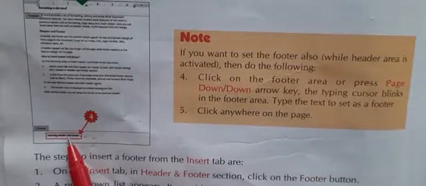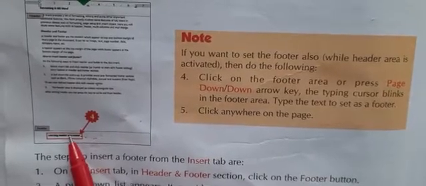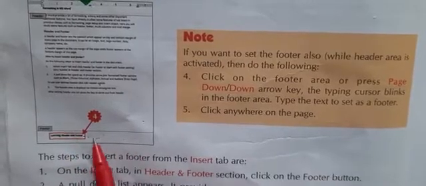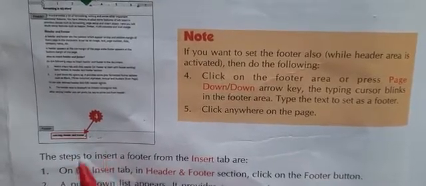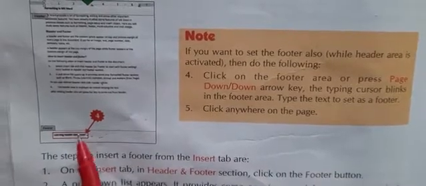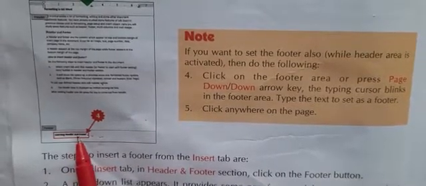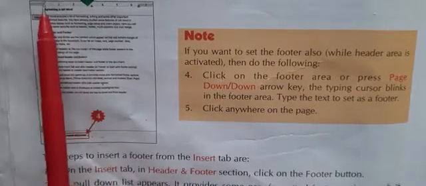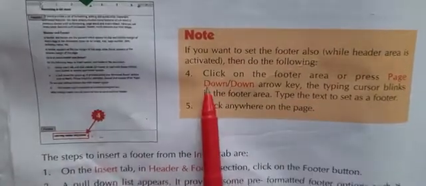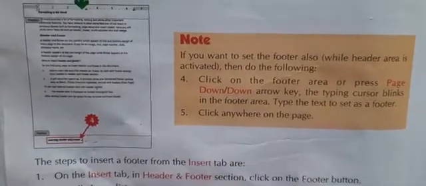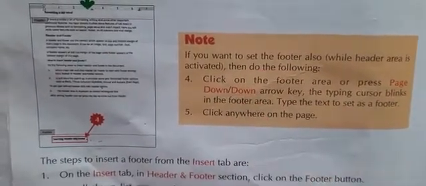We can type the text which we want to set as a footer. I have told you that it can be an image, text, page number, or name or title of the topic. After writing the footer and the header text, we will click anywhere on the page, then the header and footer will appear on the page.